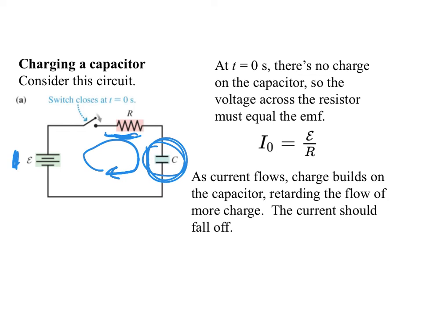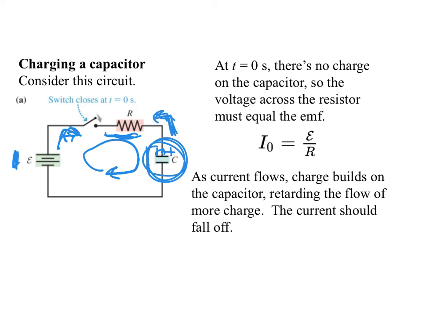As the current flows, the charge builds on the capacitor, which means that this side becomes positive, and that means that it's tending to push positive charges back this way. It's resisting, pushing back against the EMF, and so there's less current, because now it's less easy for a positive charge to go this way.